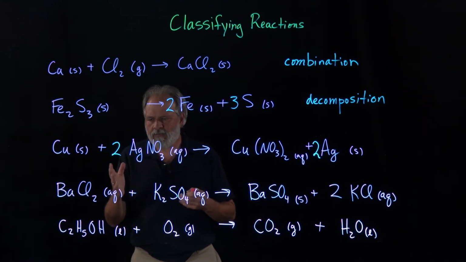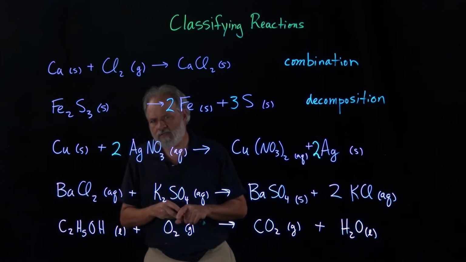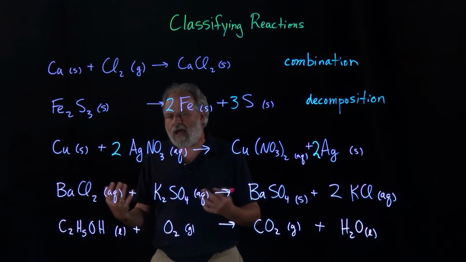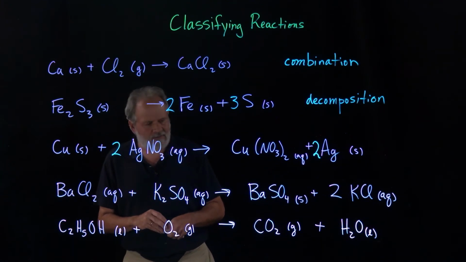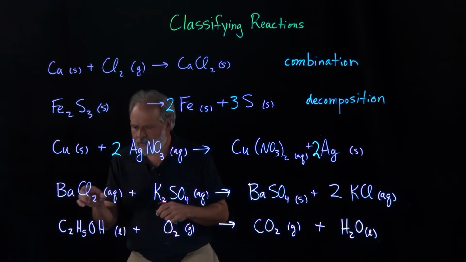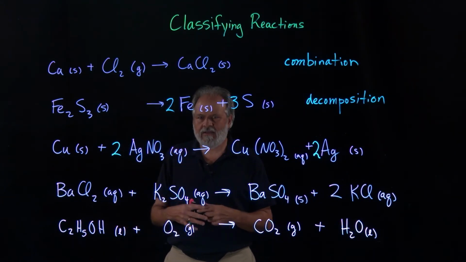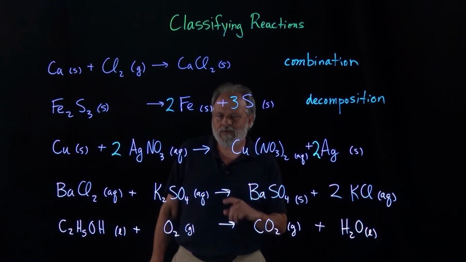All right, another type of reaction that's commonly done is to mix 2 aqueous solutions of ionic compounds, and then there will be some new ion pair that was probably insoluble in water. And so if you take barium chloride, potassium sulfate, and mix them together in aqueous solutions, you get barium sulfate precipitate.